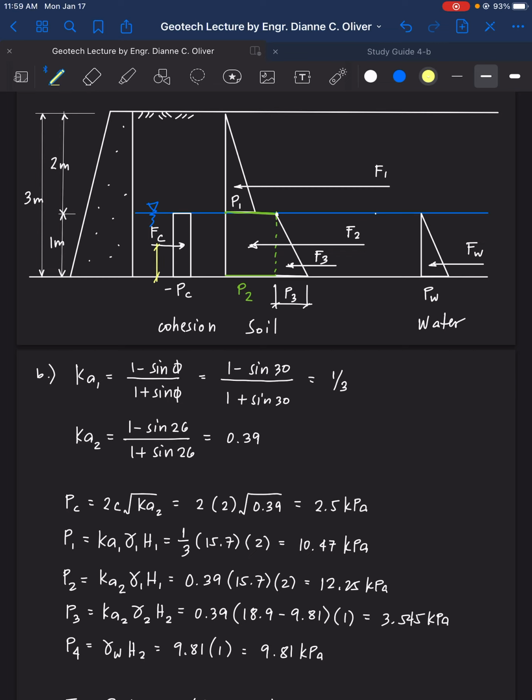So we need the values for YC, Y1, Y2, Y3, and then the YW. So we need the values for the distances.